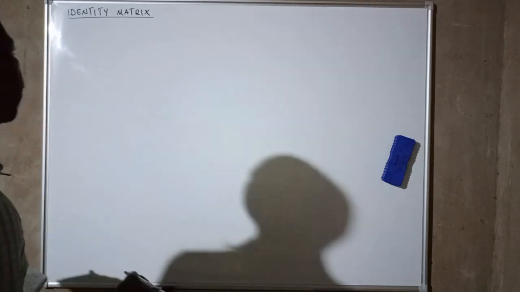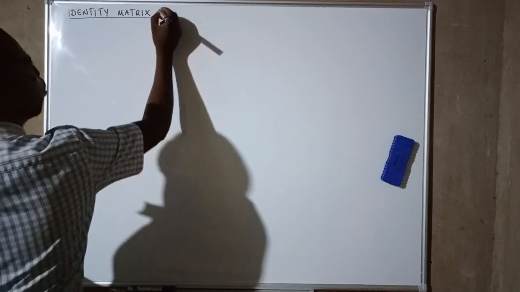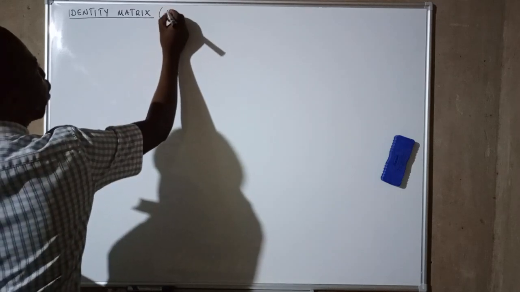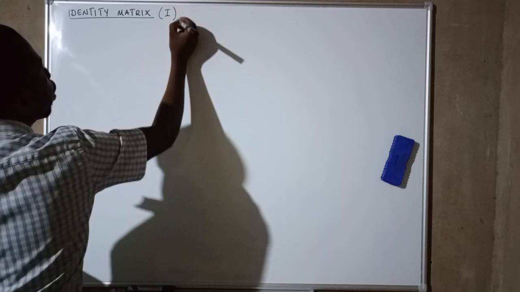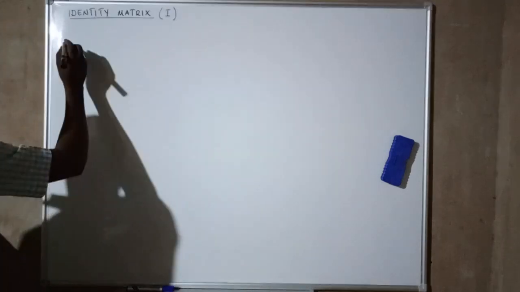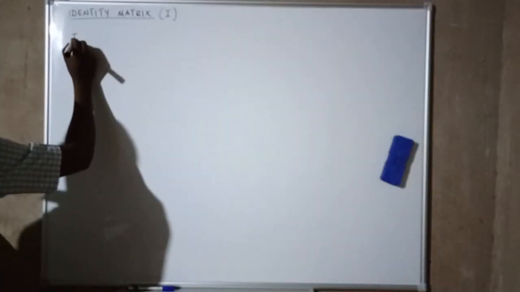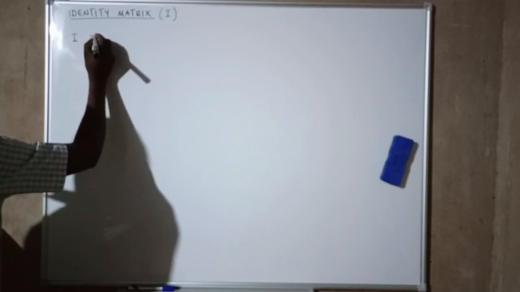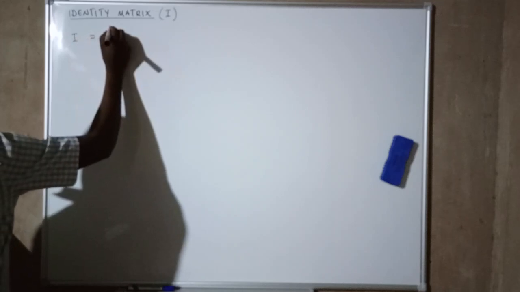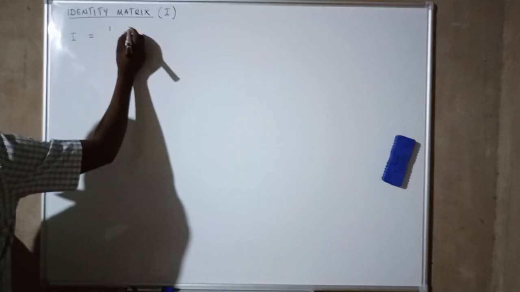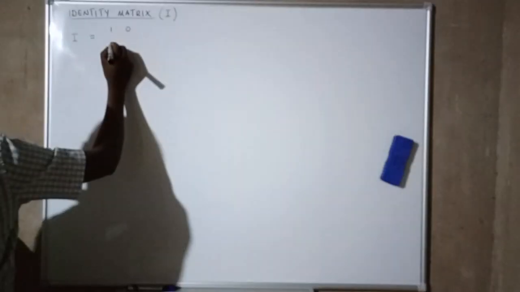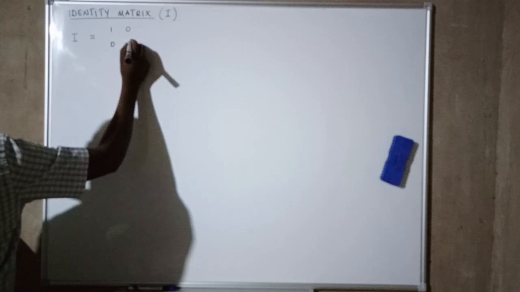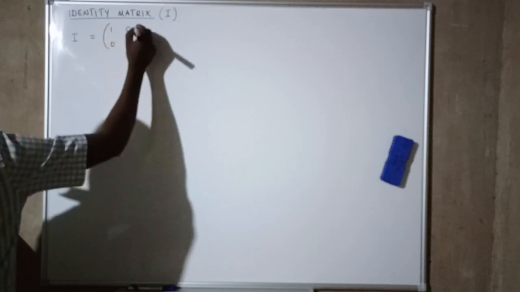An identity matrix is denoted or symbolized by I. So an example of an identity matrix I is a matrix in which the major diagonal has 1, then all the rest are 0. So you have 0 here, then here you have 0, then here you have 1.